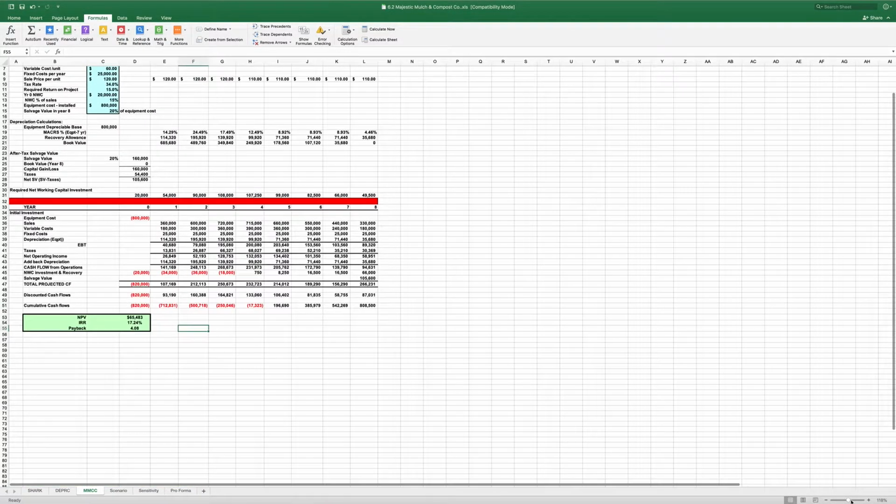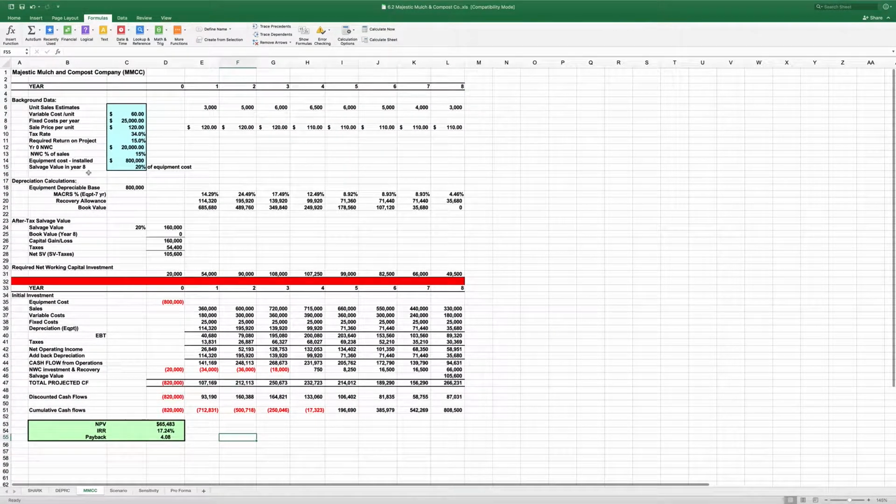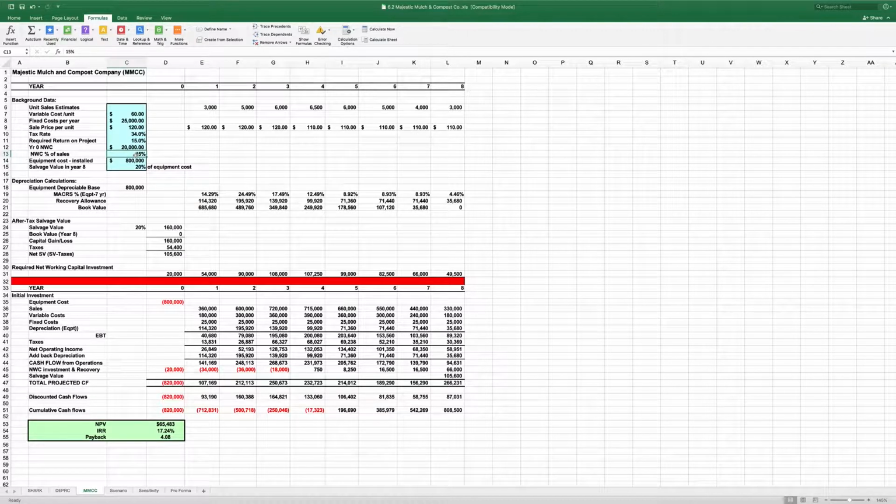The input is 15%. Now, in case it's not 15%, if the company's cost of capital is so high, let's put 35%. Their cost of capital is very high. Let me hit return. Wow, the only thing I changed is the cost of capital, from 15 to 35.